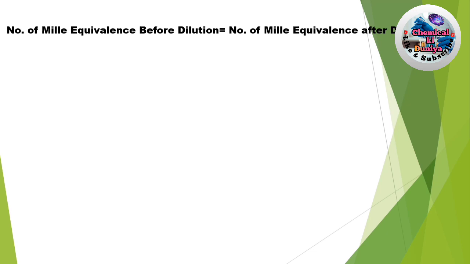Now putting all these values in the above relation, we have to find out the volume of HCl which is required to prepare the desired normality solution of HCl by using the formula N1V1 is equal to N2V2.